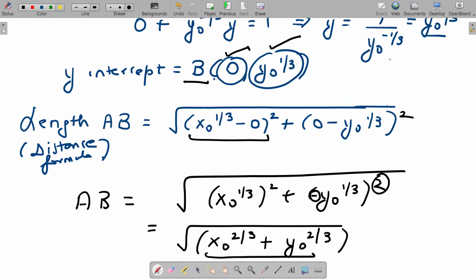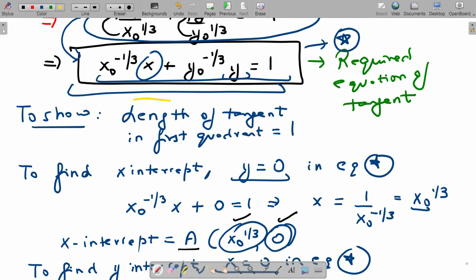That means I get my answer. It is square root of, this whole expression is 1, and square root of 1 is 1. So I get my length AB as 1, and this is what I had to show. The length of the tangent in the first quadrant is 1.